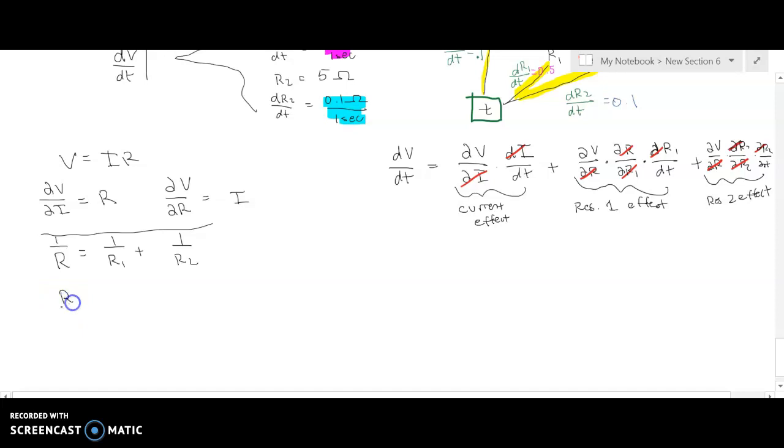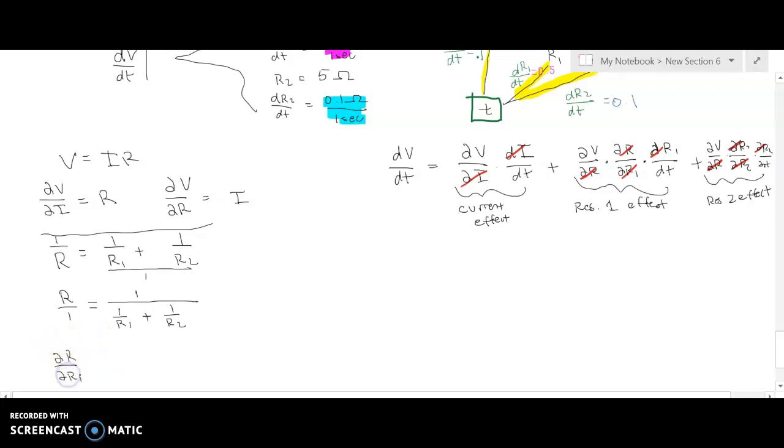So if I take the reciprocal of both sides to make this easier on myself, I'll have R over 1, so take the reciprocal of the left side. Think about this whole thing as being over 1 here. And so therefore, if you take the reciprocal of that, you get 1 over (1/R1 plus 1/R2). And now I can compute the partial derivative of that, so dR/dR1.